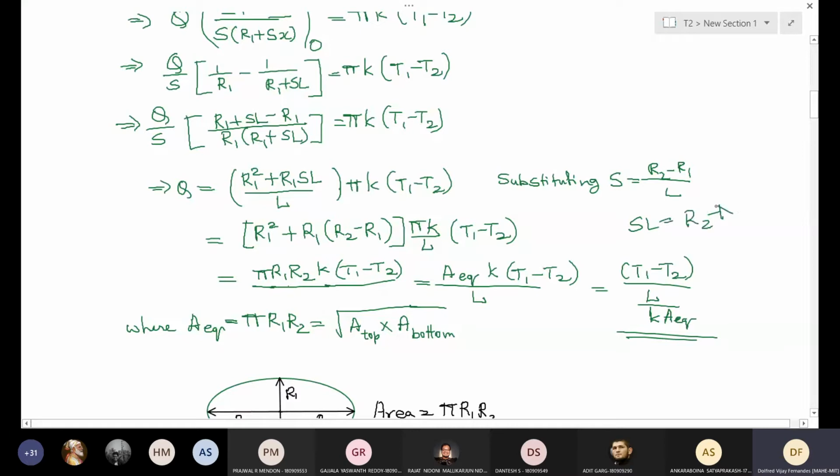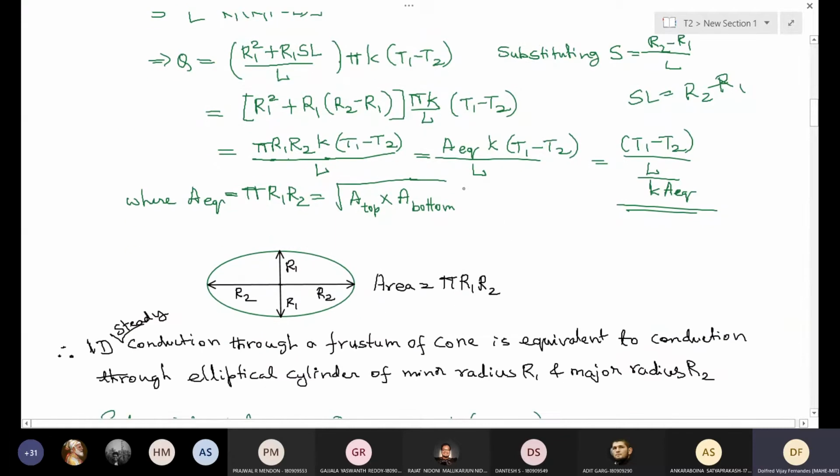Substitute there, and again r1 square will cancel out, so you get only pi r1 r2 k (T1 minus T2) by L. L is there. This way we can simplify and get the rate of heat transfer Q.